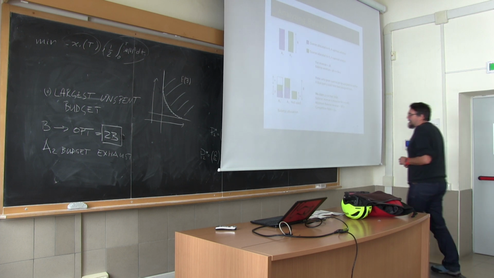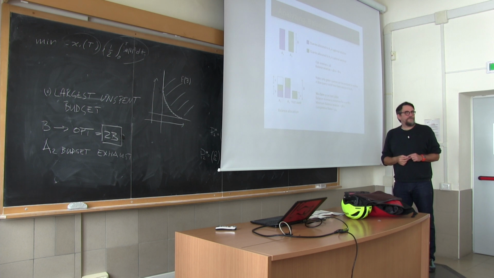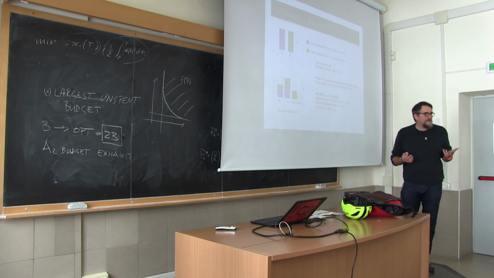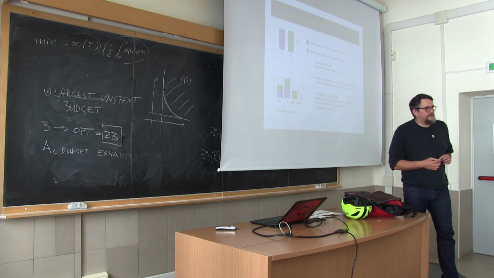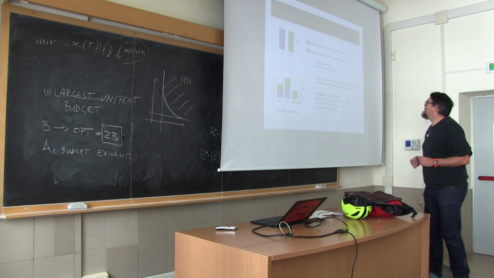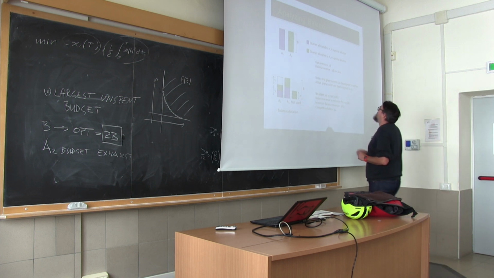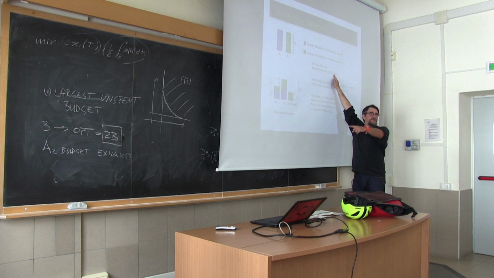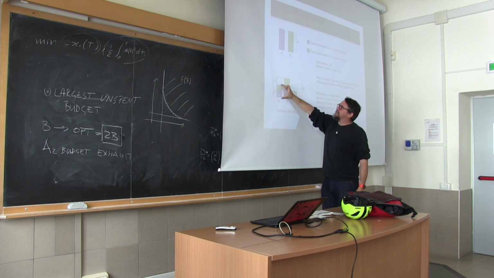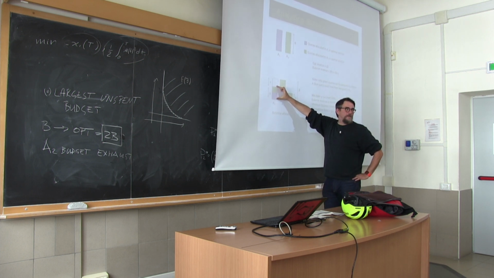So what is the revenue of the balance algorithm? Namely, how many queries have been matched by the balance algorithm? Clearly it is B, because A2 is exhausted, and we know that the budget is B, plus what has been allocated to A1.